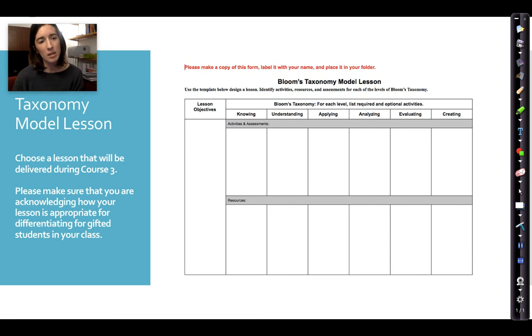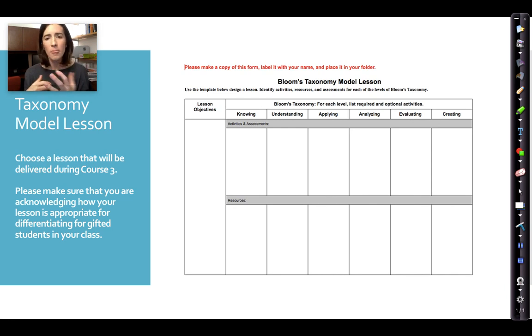So the Bloom's Taxonomy model lesson, you're going to choose a lesson that you can deliver during Course 3. Make sure that you're acknowledging how you are differentiating or servicing your gifted learners in this lesson plan. And so make sure that you're including your lesson objectives, that you're listing or elaborating on your activities and your assessments and their resources, but somehow make sure it's pretty apparent as to how this might service your gifted learners who often have that wide range of higher order thinking skills.